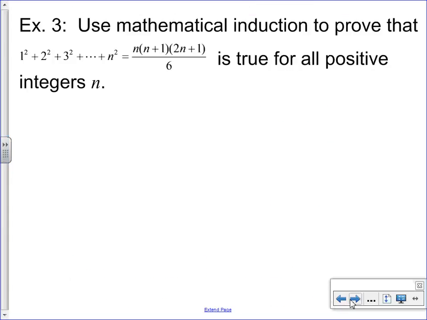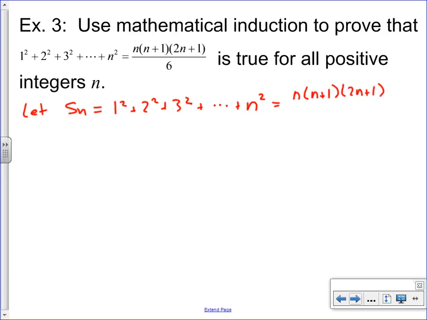Alright, this one's fun. Write small. Here we go. Introduction. Let S_n equal 1 squared plus 2 squared plus 3 squared plus dot dot dot plus n squared equals n plus 1, 2n plus 1 all over 6. Step 1.